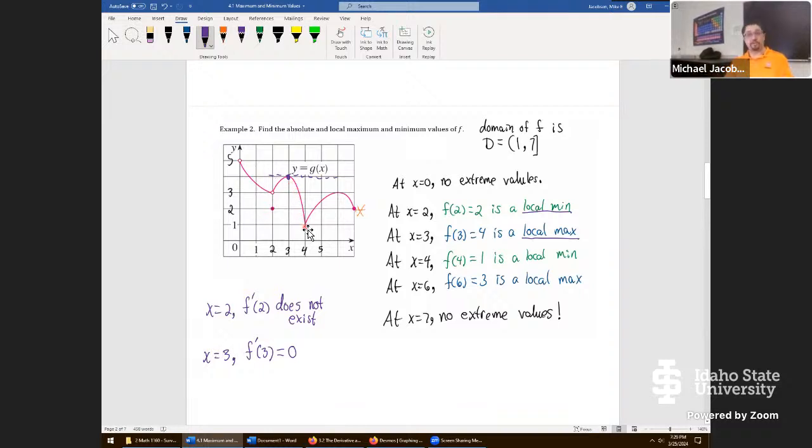Over here, the derivative also doesn't exist due to the corner in the graph. On the left-hand side, the slope is large negative, and then on the right-hand side, it suddenly flips. The slope is large positive coming in this way. The derivative needs to be continuous, so this lack of continuity right here tells us at x equals 4, f prime of 4 does not exist.